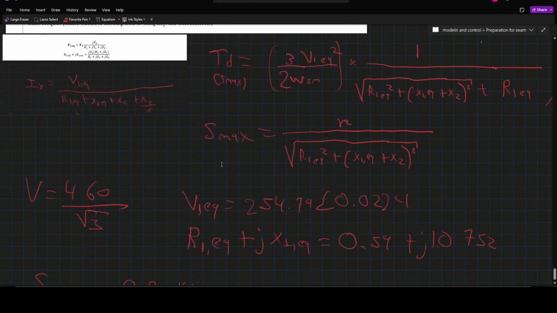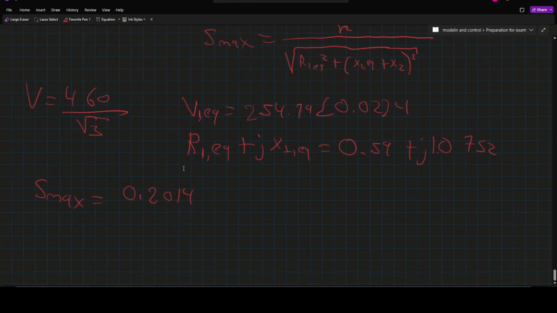So now, the synchronous speed is 120 times the frequency over the number of poles, which equals 1800. We have done this one many times before.